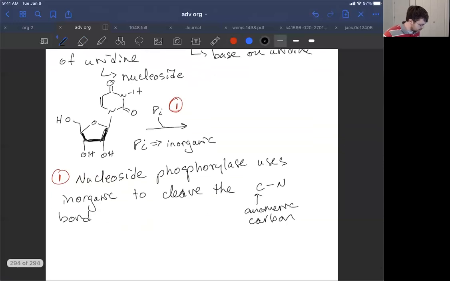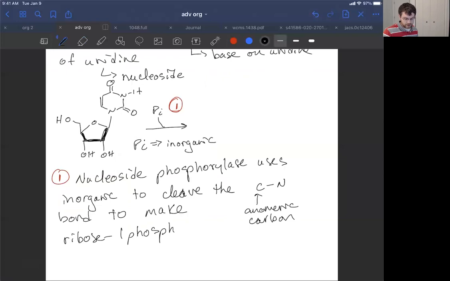And I believe the outcome is a ribose 1-phosphate, or deoxyribose 1-phosphate.